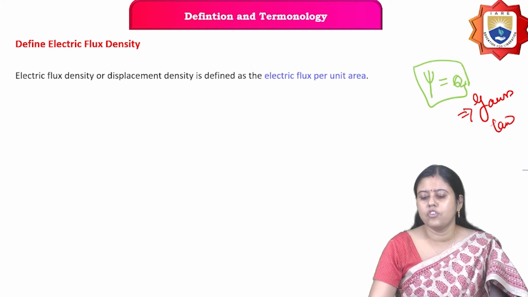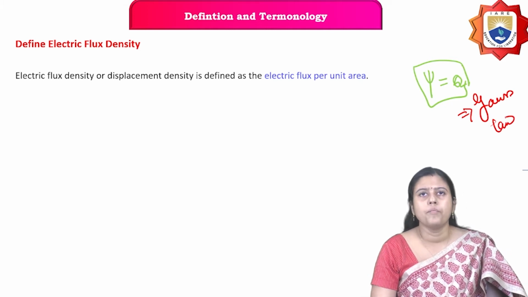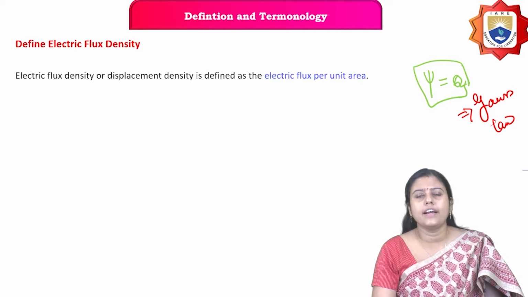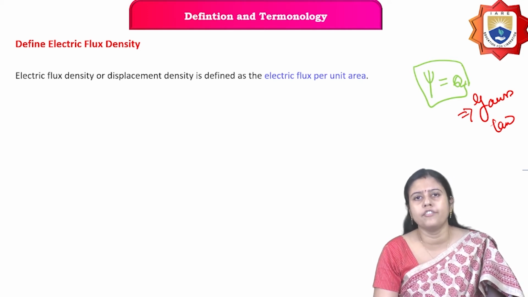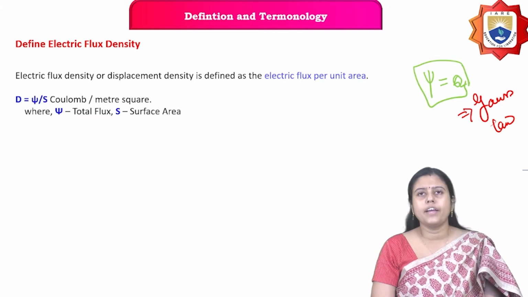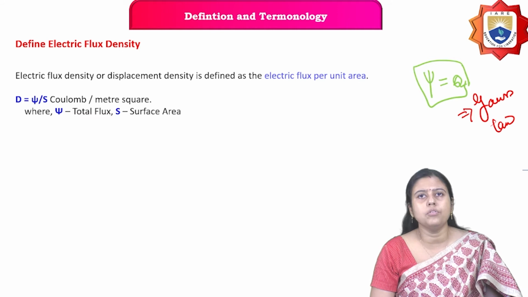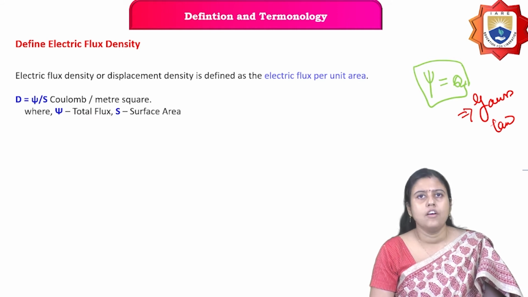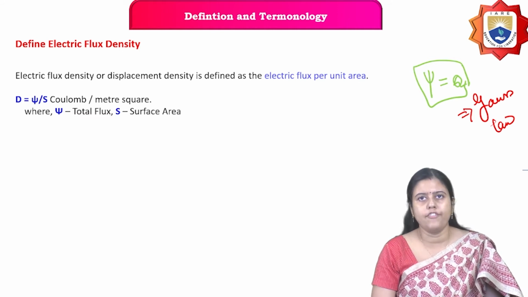So, the electric flux density is the electric flux, or electric field lines, per unit area. We can write D is equal to psi by S, where psi is the total flux and S is the surface area.